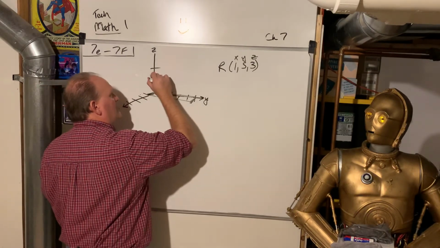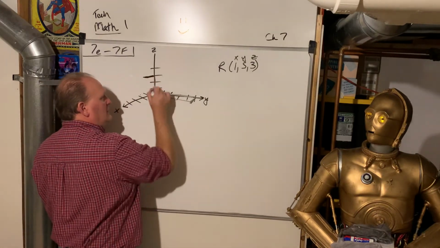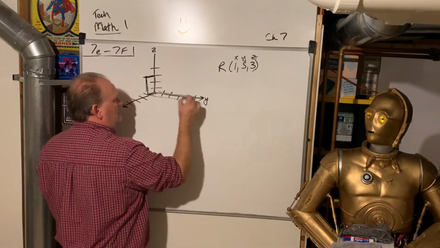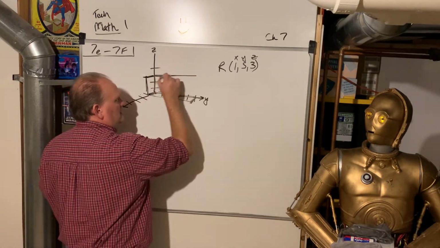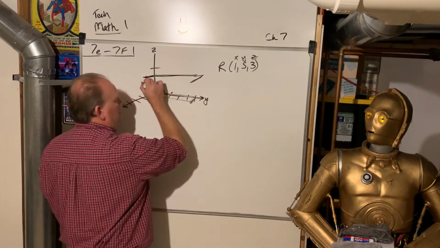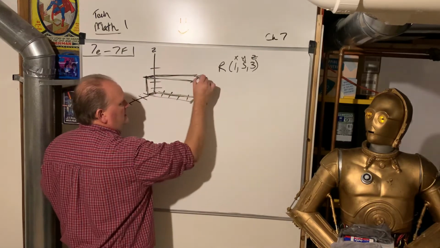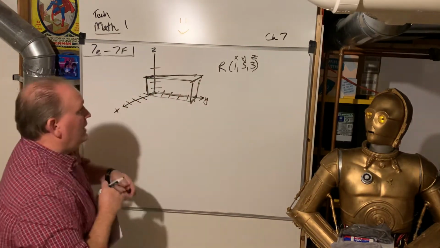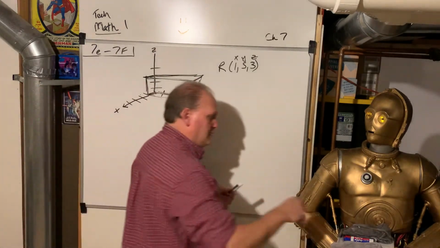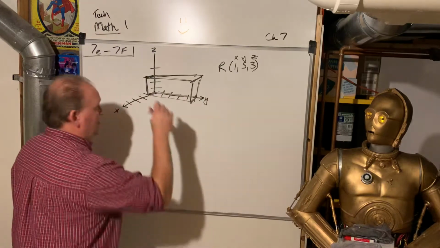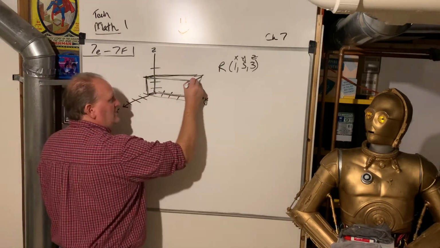And so now if I draw that out where the 1 was, and I connect that, and if I draw this out where that was, and I draw that part, and I draw that part, and there we go. And so the 3-dimensional point on the picture is actually right here.